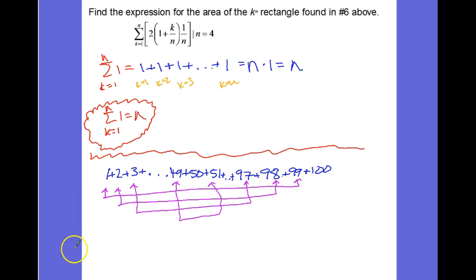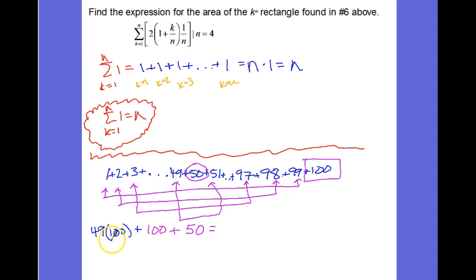So how many of these pairs are there? Well, there was 49, and so that sum was 49 times 100. So he needed only to add to this extra 100 and also this leftover 50.